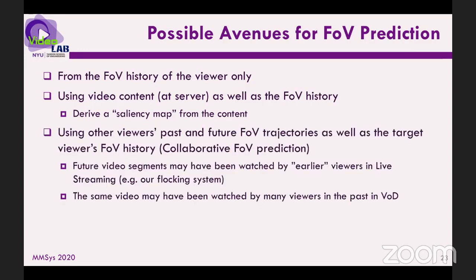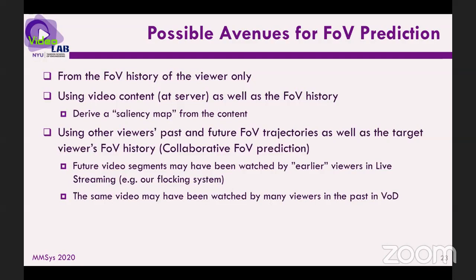And there are some applications where other viewers may have watched the same video or frames of the video, and then the user can use where other viewers have watched together with the viewer's own FOV history for the prediction.